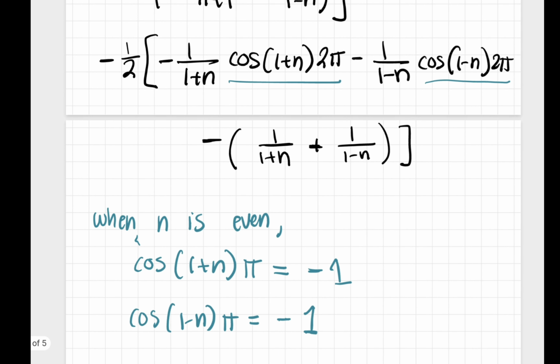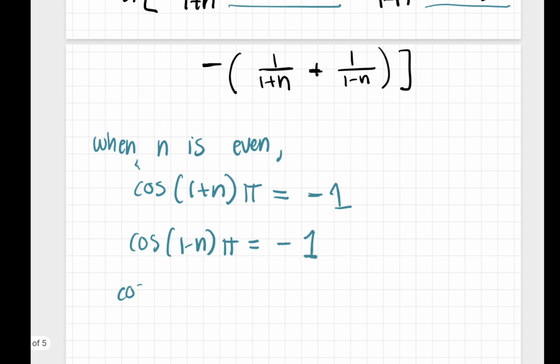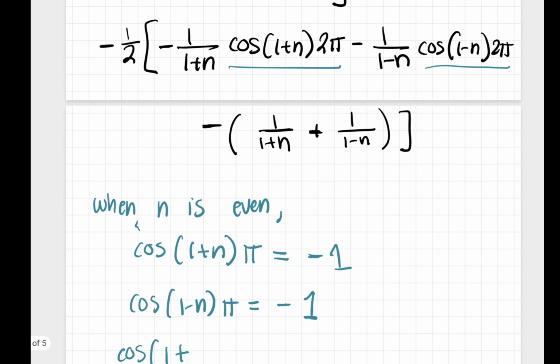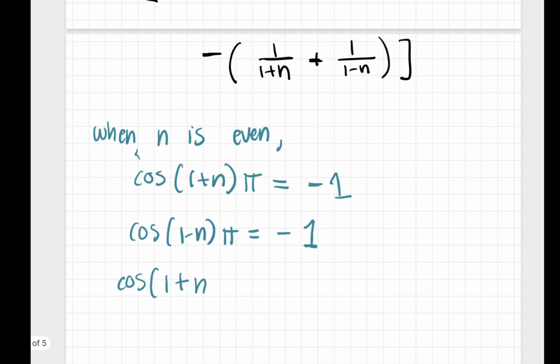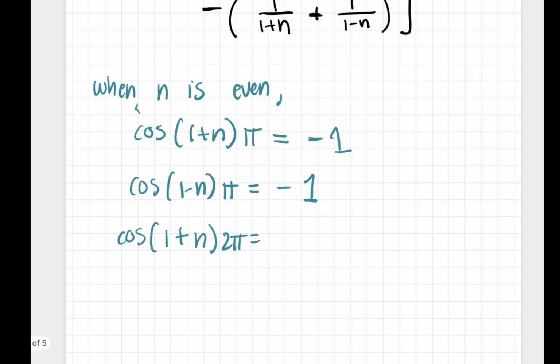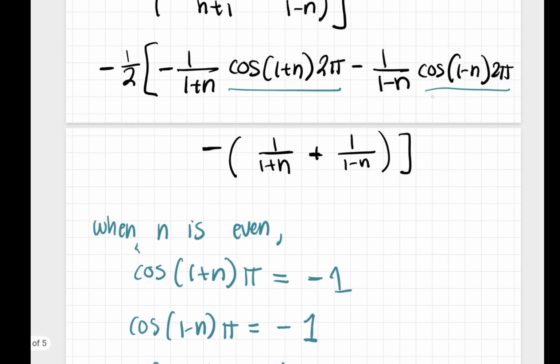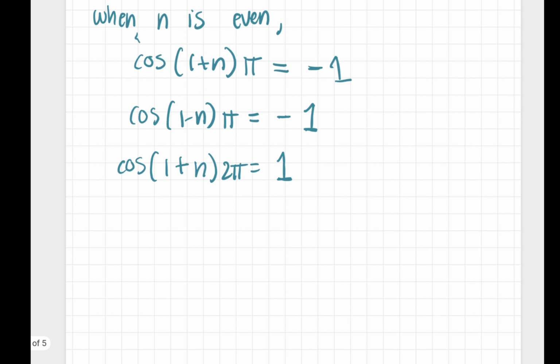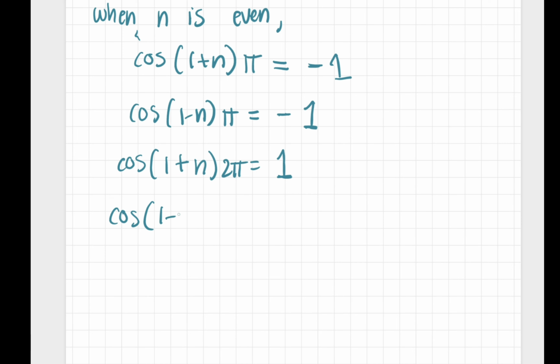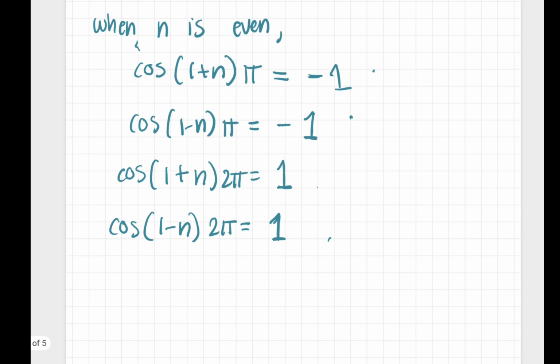Then we have cos of (1 + n)2π, and we do the same thing, then we get 1, and then we do the same thing for cos of (1 − n)2π, and we get 1. And how I got all these values, you just replace the n with an even number, I just did 2, and that's how I found these values out.